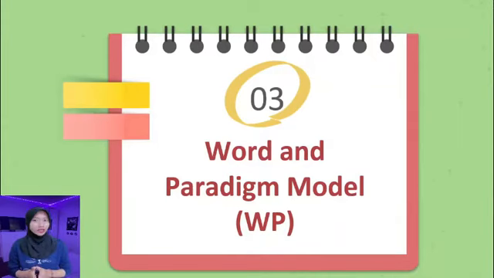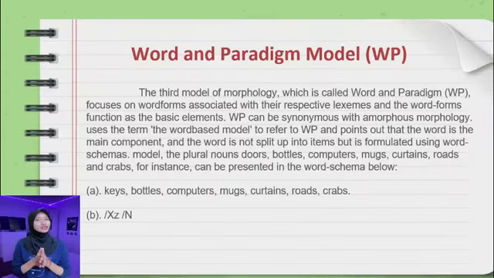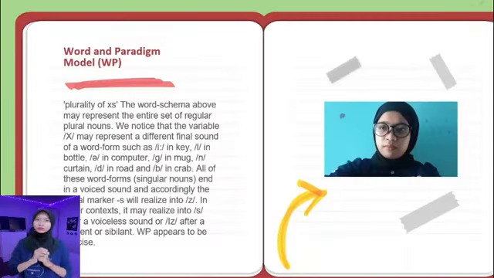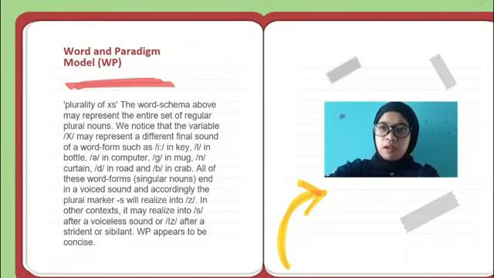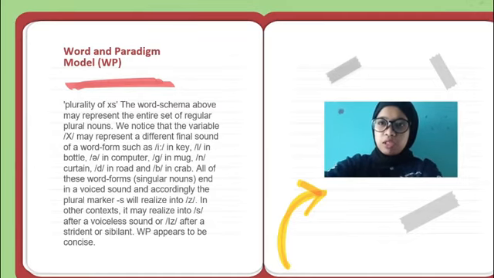And the last material, about the word and paradigm model, is explained by Widi Nurul Jana on video. The third model of morphology is called word and paradigm, or WP. WP focuses on word forms associated with their respective lexemes, and the word forms function as the basic elements.